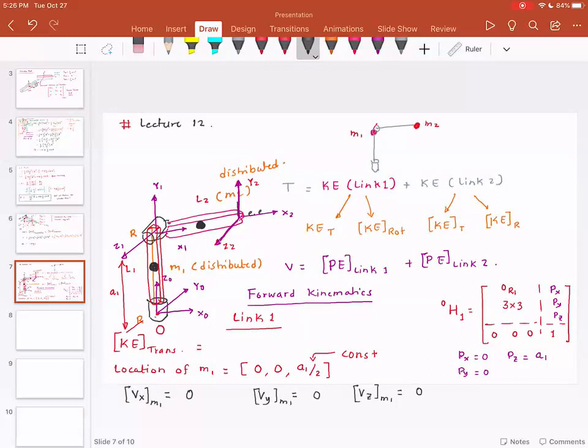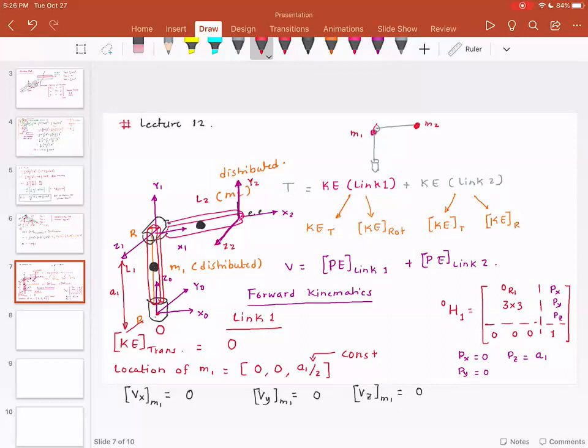Once again, this mass m1 does not translate about x naught, y naught, or z naught. It stays where it is all the time. That's why the velocities are 0, which means for link 1, the kinetic energy of translation is 0. And why is it 0? Because the velocities are 0.